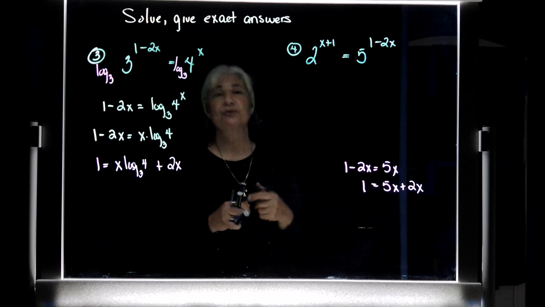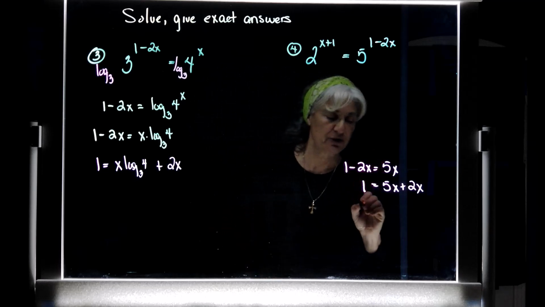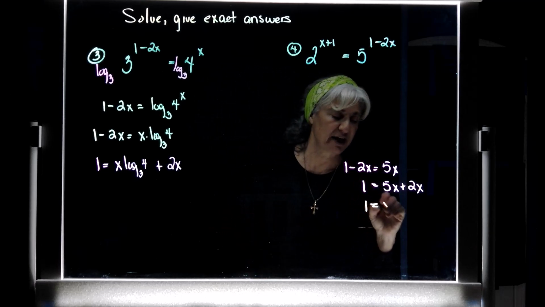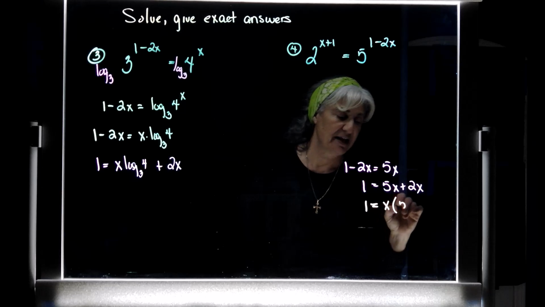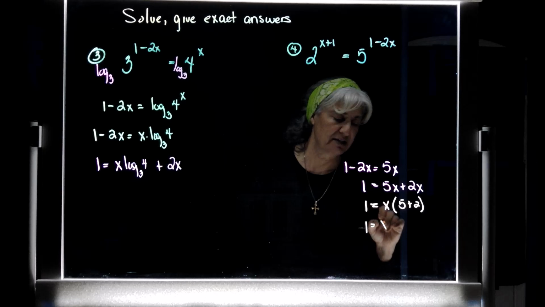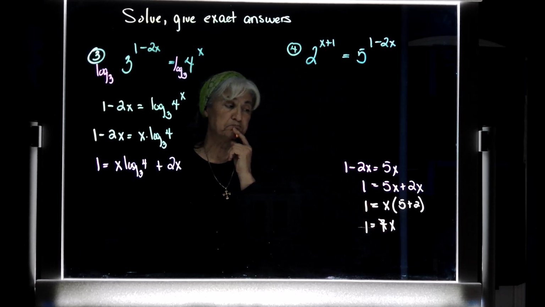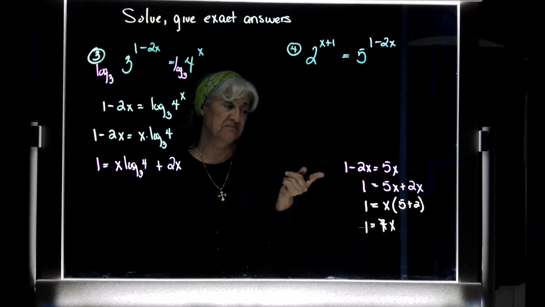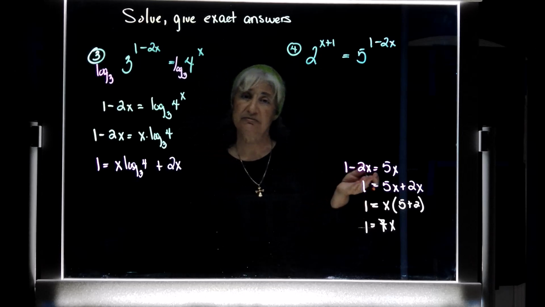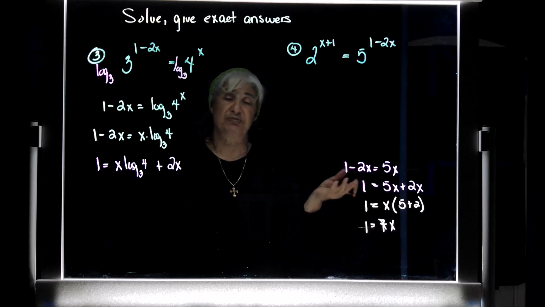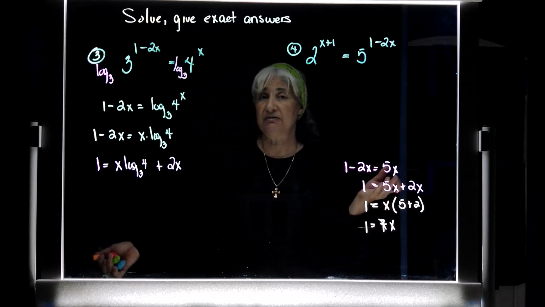If I could propose, what you're doing over here is you're kind of factoring out that x and looking at 5 plus 2, which is how you got 7x. Does that sound reasonable, logical? Isn't that what you kind of did? You just said 5 plus 2 and then brought the x with it?